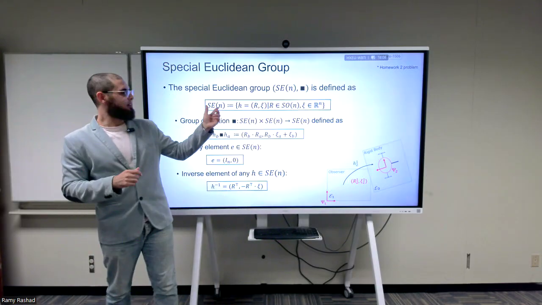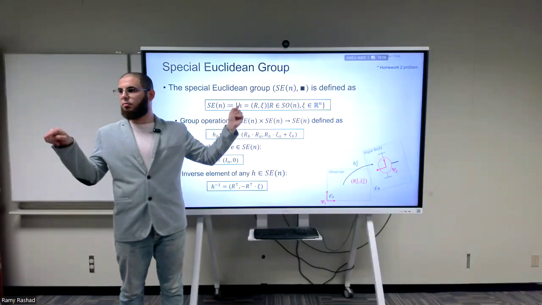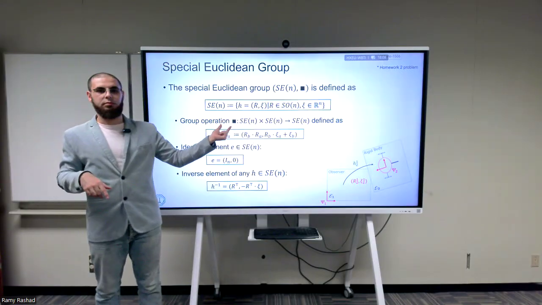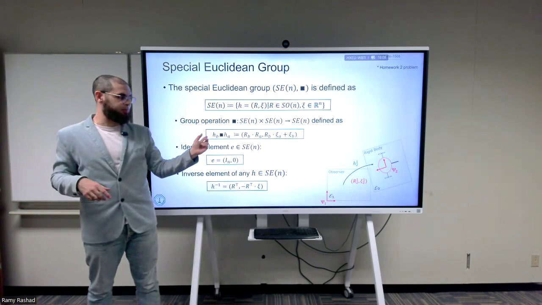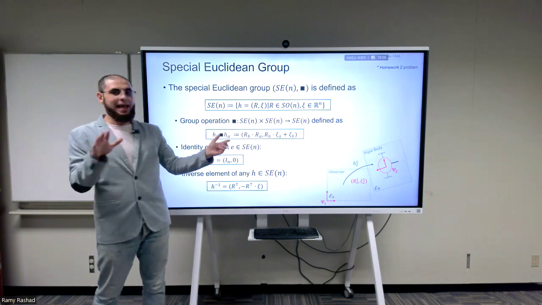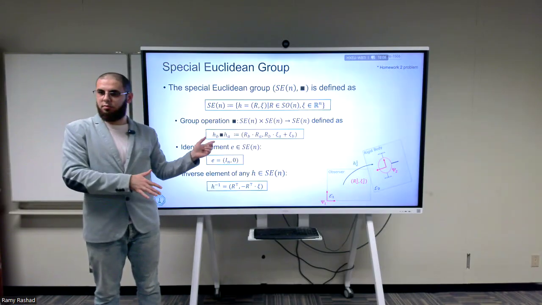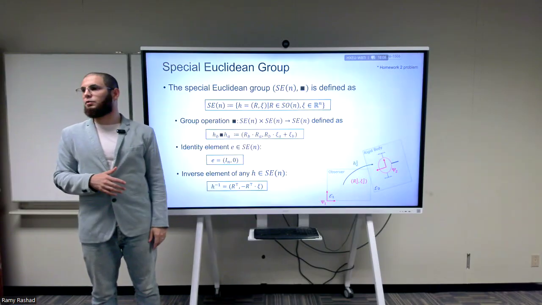So SE(n) is the pair of R and psi. We're going to be calling each element of SE(n) H. What is the group operation for 2 elements from SE(n)? So H_A and H_B. H_A has its own R_A and psi_A, and H_B has its own R_B and psi_B. This is how we define the group operation.